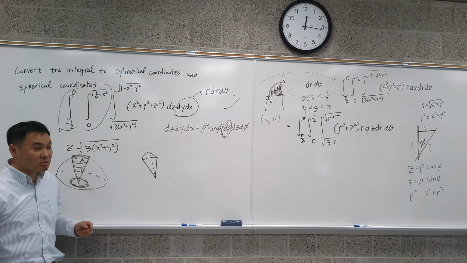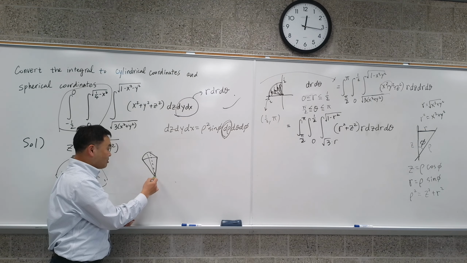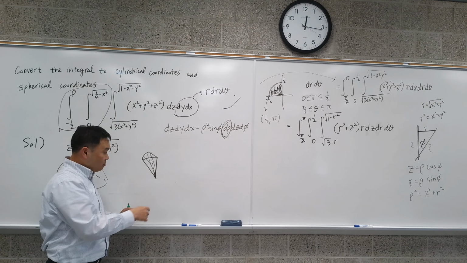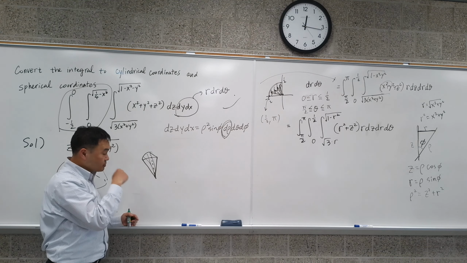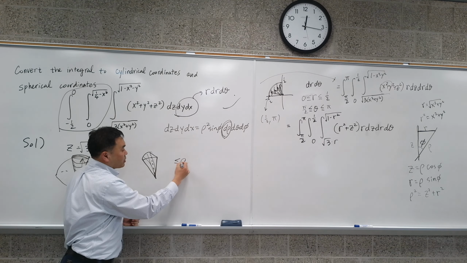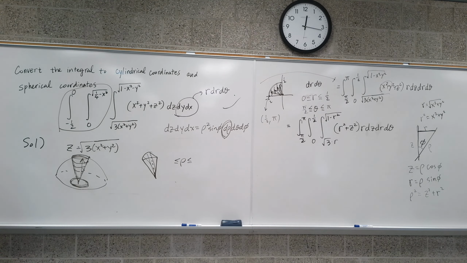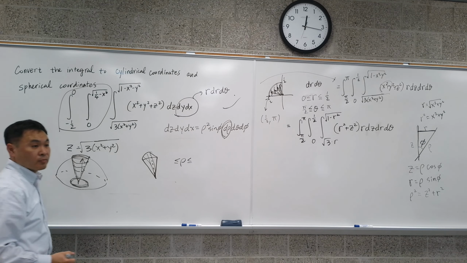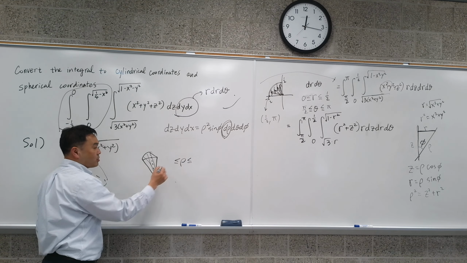But what's d rho? D rho is the distance from the center, so you're trying to fill up this space from the center radially, okay? So this would mean rho goes from where to where? Rho goes from, what is this point? 0.